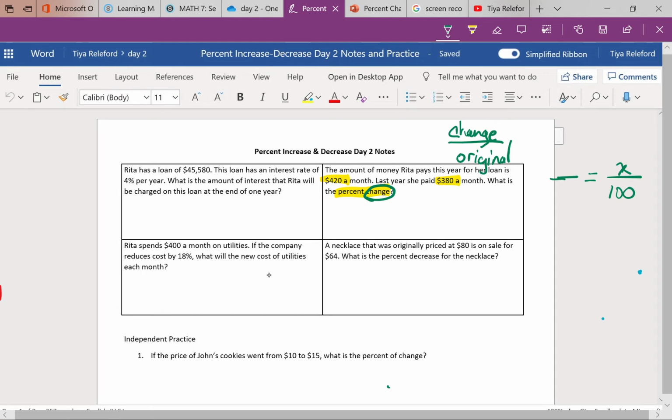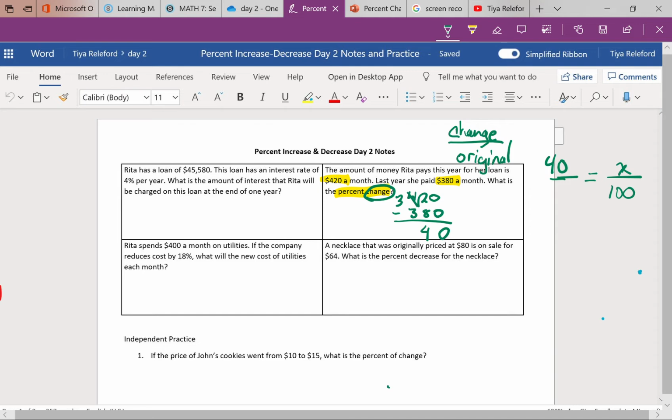Well, we started at 380, and now she pays 420. So how much did she change the amount she was paying? Right, she's paying $40 more, so that goes on top.